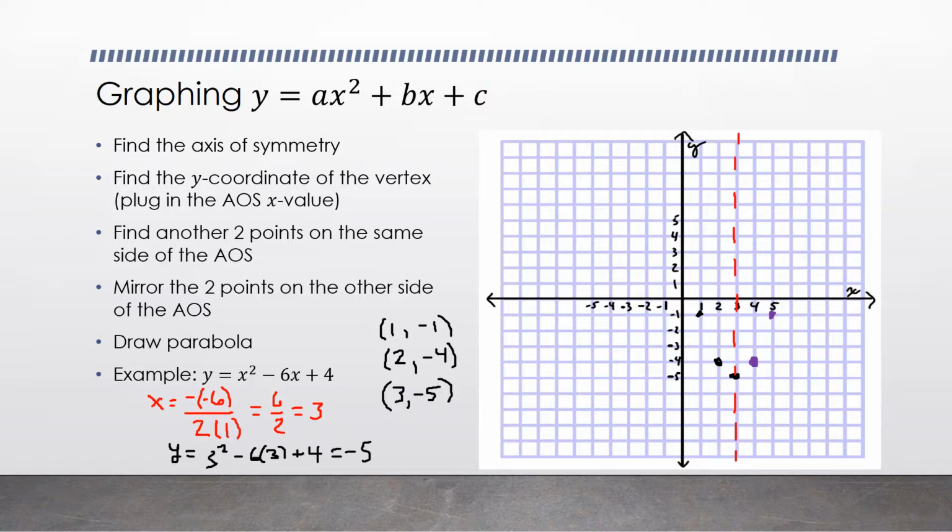And now all I have to do is draw in my curve. Oops, I missed that one point. Make sure you don't miss that point when you're drawing in your parabolas. Okay? And now I want to label it as y equals x squared minus 6x plus 4.